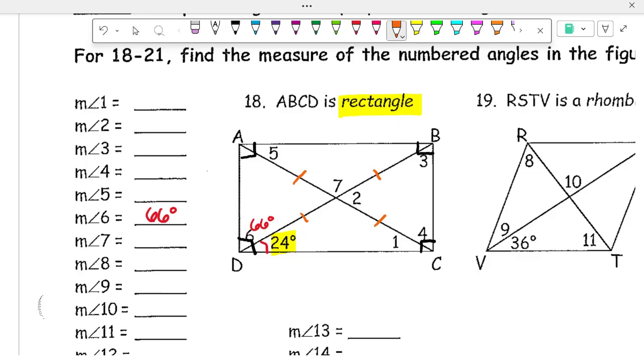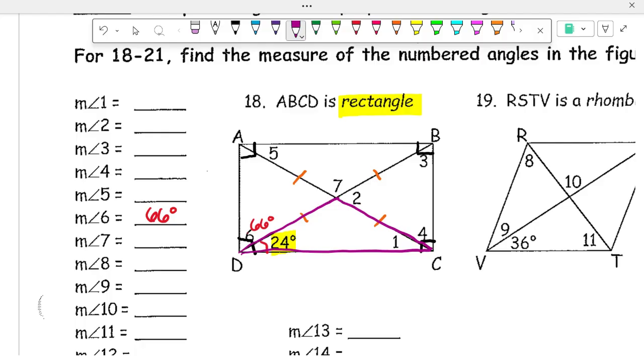I would do 1. Why would 1 be an effective angle to find? It's congruent to 24. Why? Because their lines are congruent. What type of triangle is this? Isosceles. What's true about an isosceles triangle?